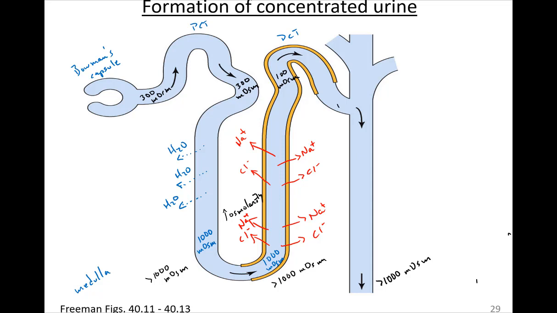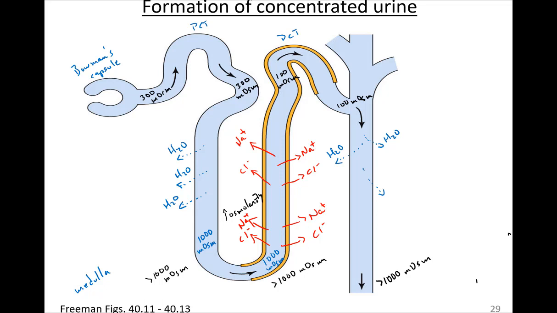So as our dilute fluid enters the collecting duct, which way will water tend to move across those cell membranes? The osmolarity inside the tubule is lower than the osmolarity outside the tubule, and so that would tend to favor water movement out of the collecting duct into the interstitial fluid.